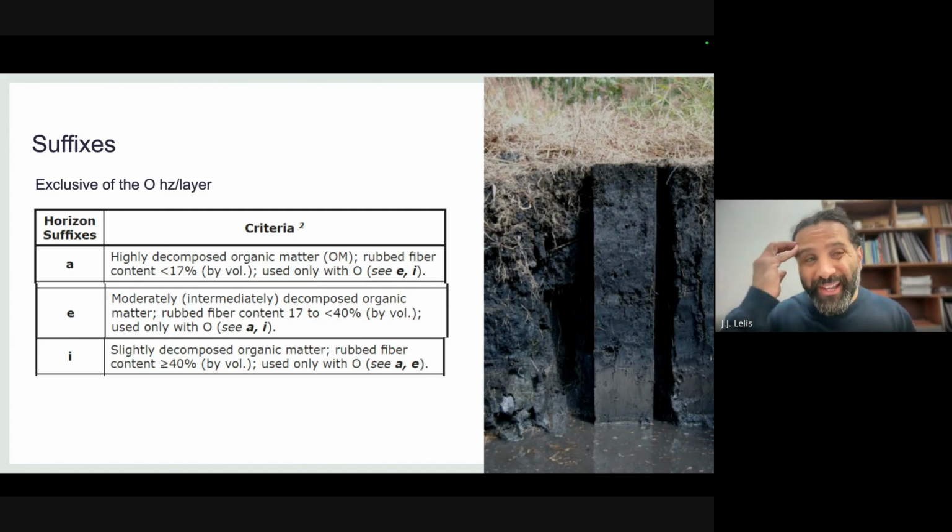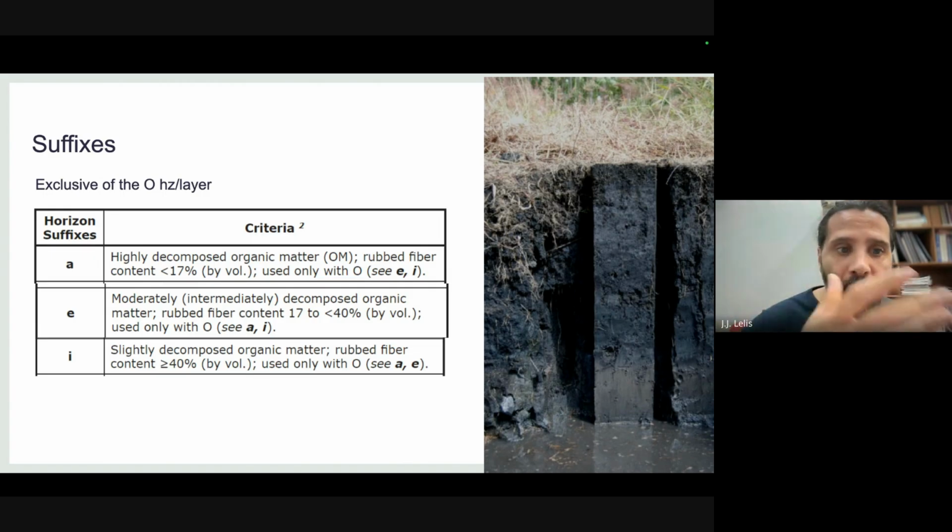And oh, JJ, I cannot remember very well what the O horizon or the O layer is. The O horizon or the O layer are related to a high content of organic carbon, okay? When I see something like this photo, I can see a very dark material.